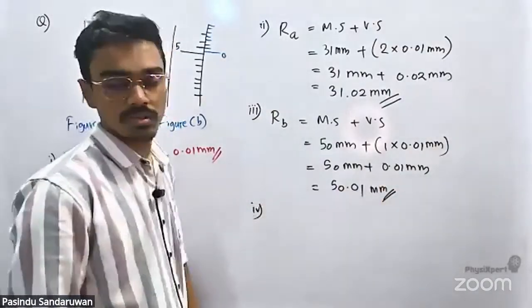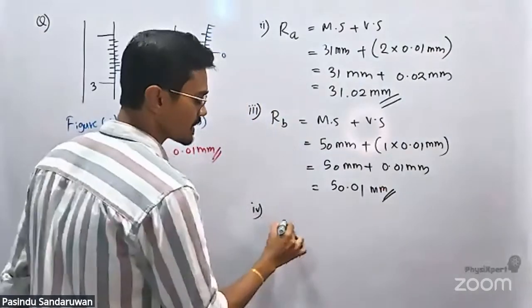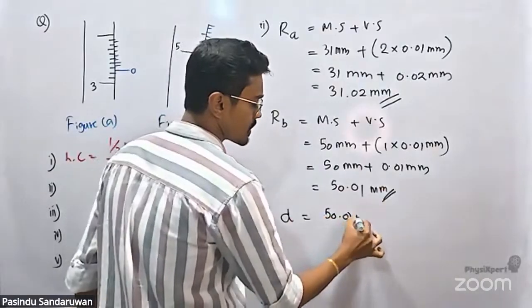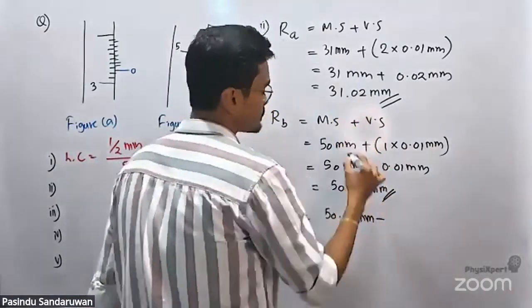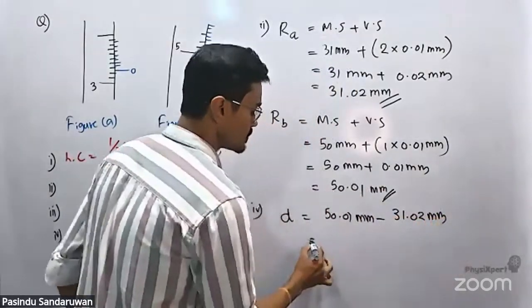Number 4. Diameter. Diameter will be the difference. Simple as that. So the diameter is 50.01 millimeters minus 31.02 millimeters. Observe.